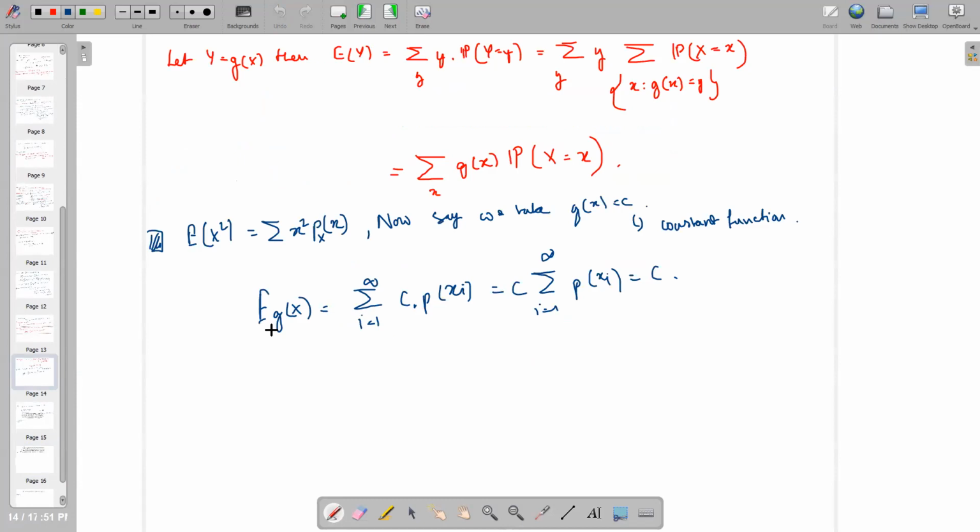What I plan to do in next class, I'll write it down here. In next class, I am planning to do moments, variance, and CDF. Okay, and a lot of problems.